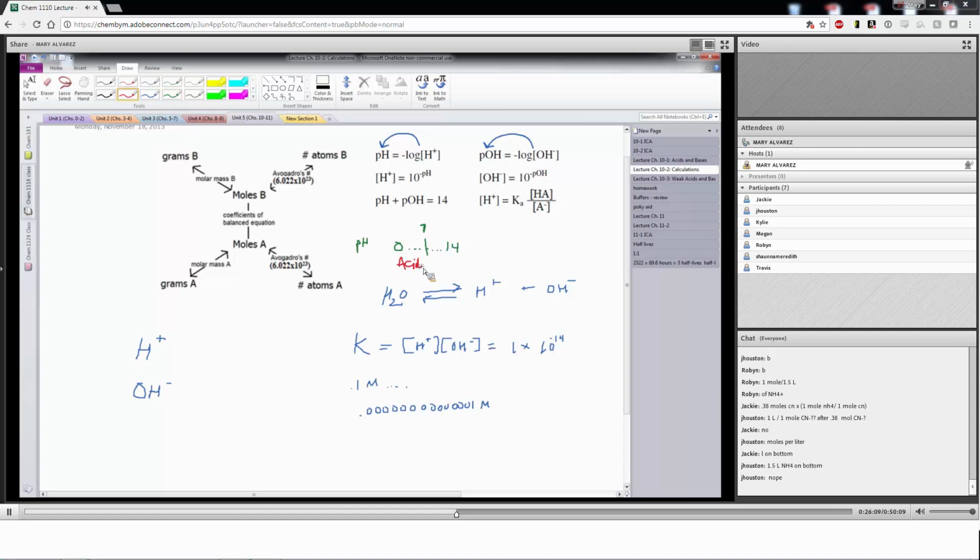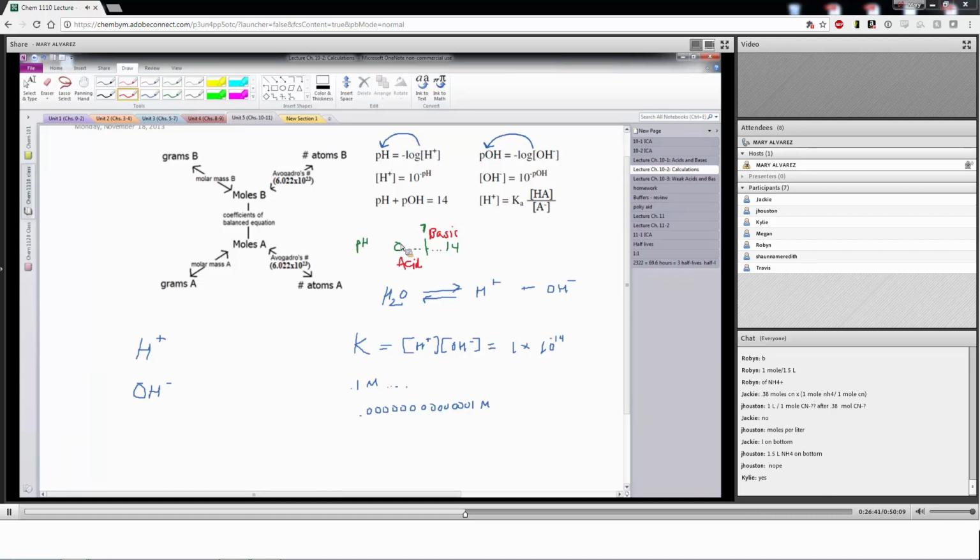And if I'm between 7 and 14, then I am basic. Okay, you guys ever seen the pH scale before? Usually I've had people at least kind of heard of it if you haven't worked with it. But 7 then is neutral, 0 to 7 is acidic, 7 to 14 is basic, and the pH is just the power, the P stands for power, the power of the hydrogen ion.